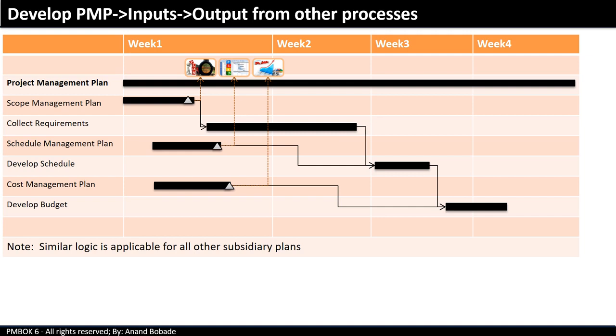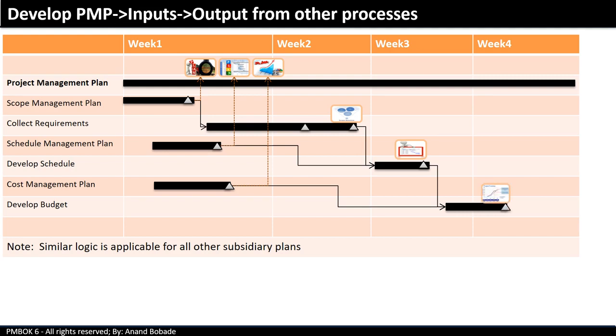The business analyst will start activities as per the scope management plan and start collecting requirements, creating the scope document, and he will prepare the scope baseline. The technical lead will use the scope baseline and schedule management plan to prepare the schedule. Scope and schedule will be used further to estimate cost.